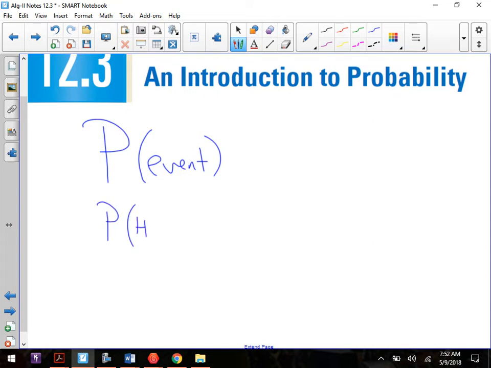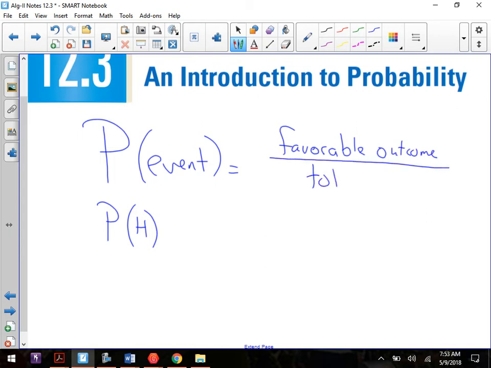He said heads. And we would write it like that, the probability of flipping a coin and getting heads. Well, when you're talking about probability, it's always going to be the ratio of the favorable outcome over total outcome. Total possible.